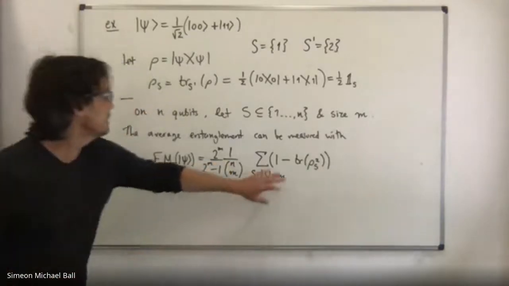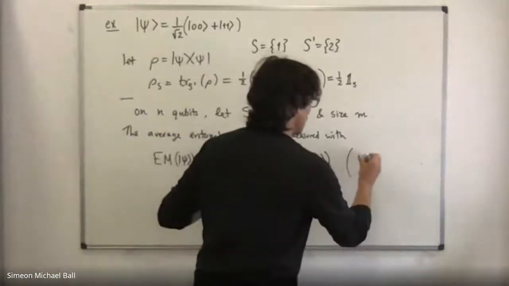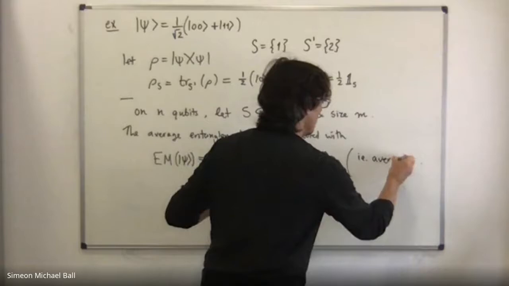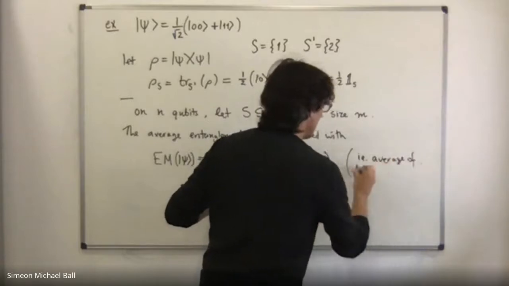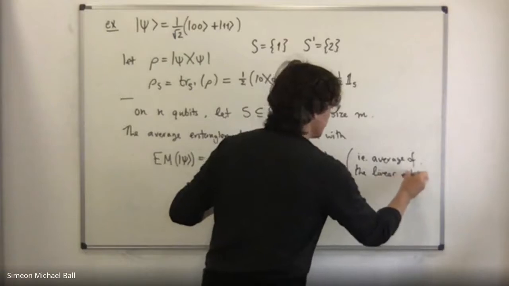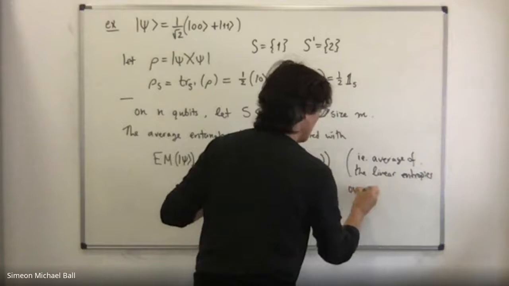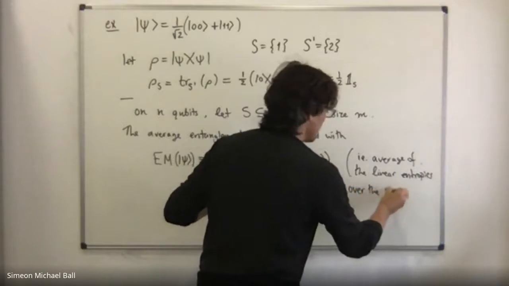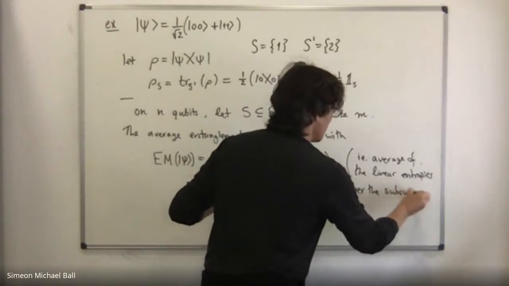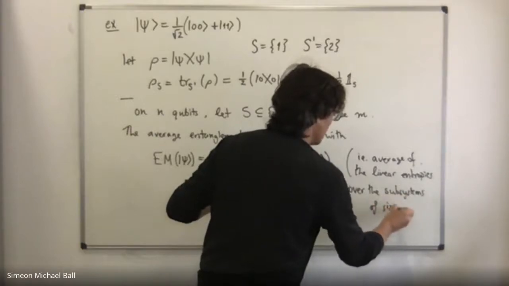Okay, so that's just the something I've been averaging out, I get the average of the linear entropies over the subsystems of size m.